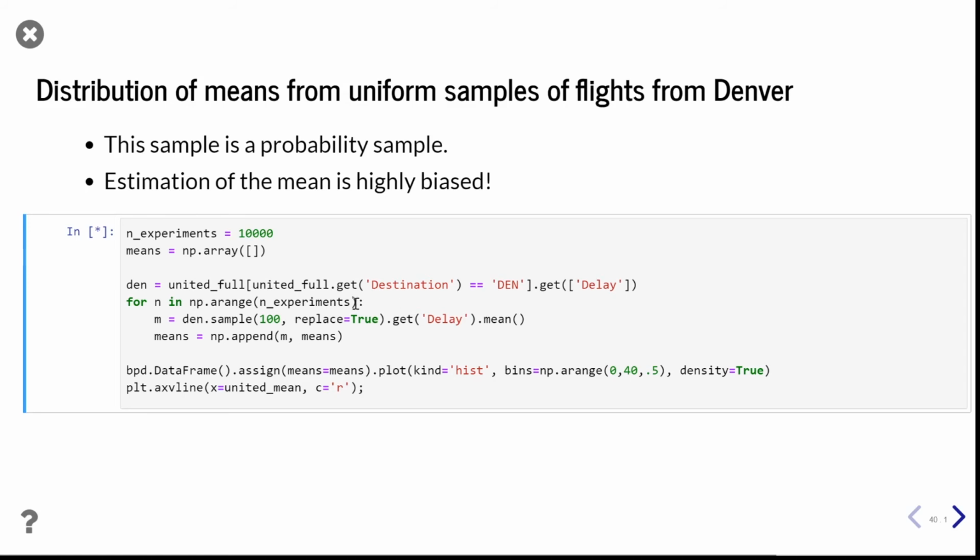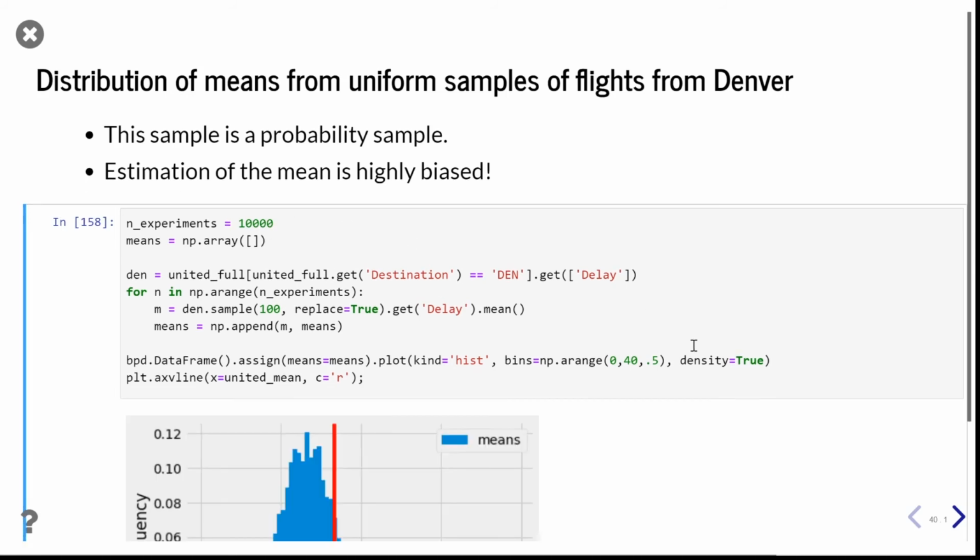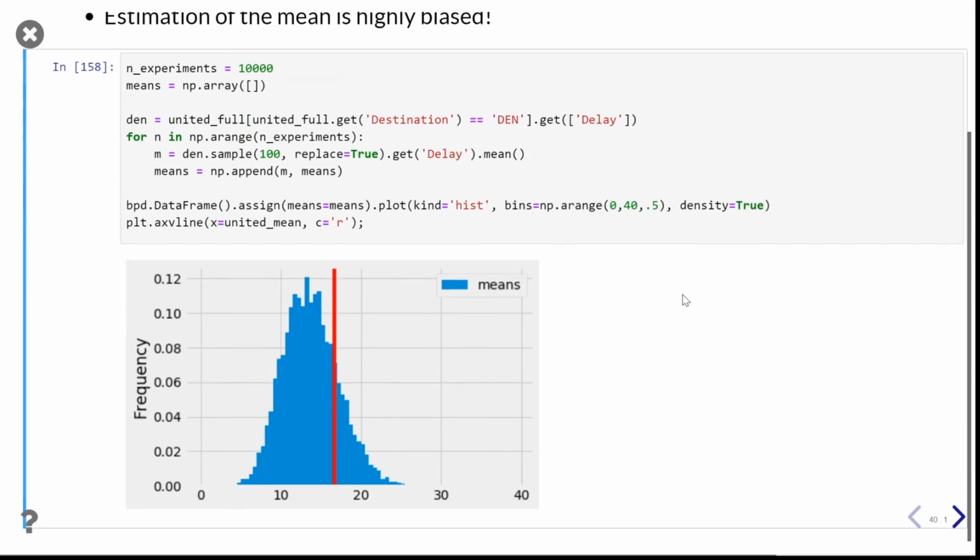So I'm randomly selecting 100 flights from San Francisco to Denver. I'm doing that 10,000 times, repeating that sample over and over and over again and plotting the distribution. And here's what I get. The red is the mean flight delay of all flights, not just to Denver, of all flights.